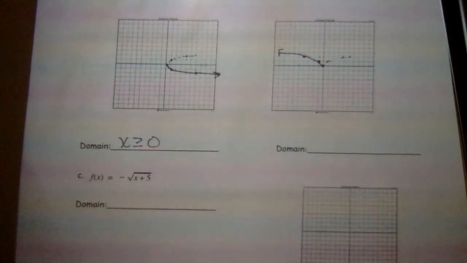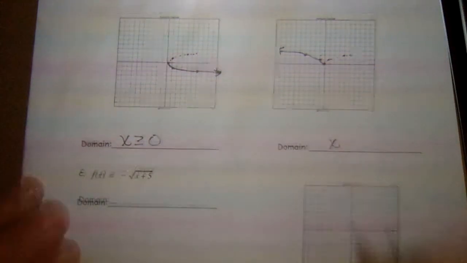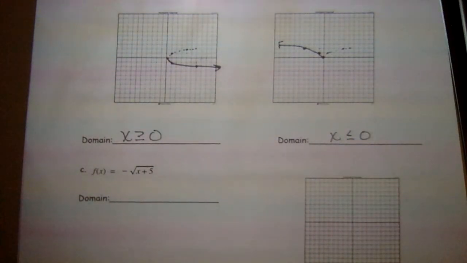What's the domain for b? X is what? Less than or equal to 0. Thank you. Questions on square roots?